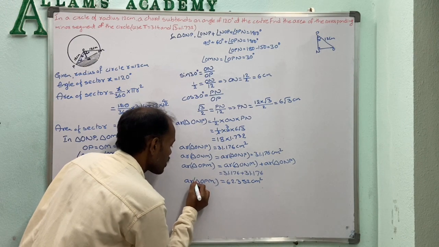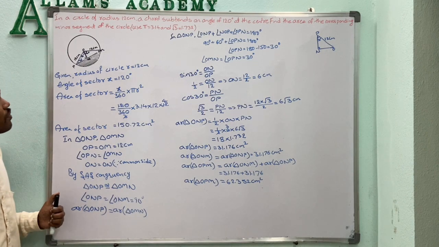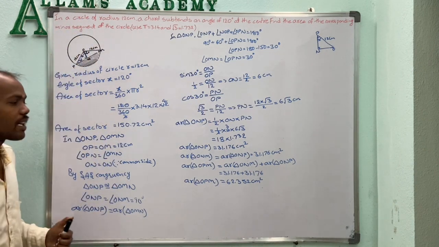So area of triangle OPM equals 62.352 centimeter square. Now we want to find the area of the minor segment.